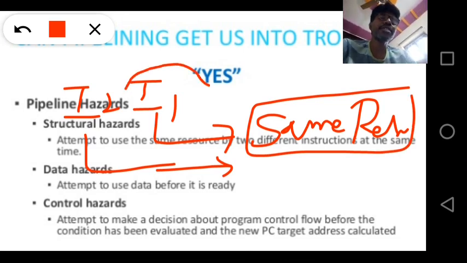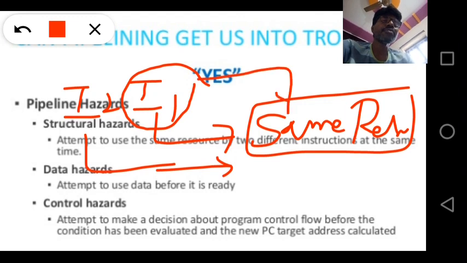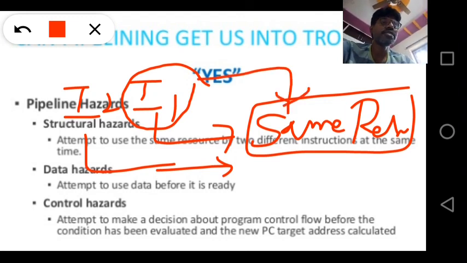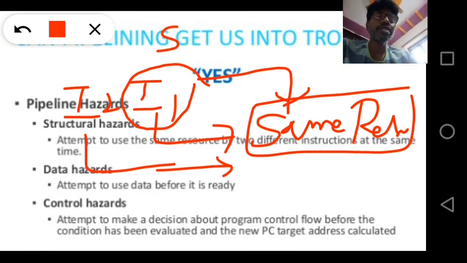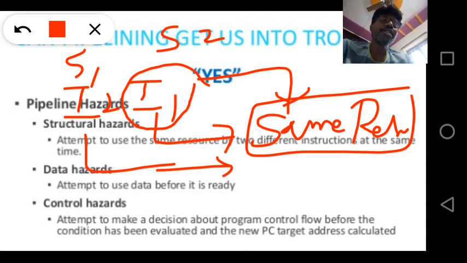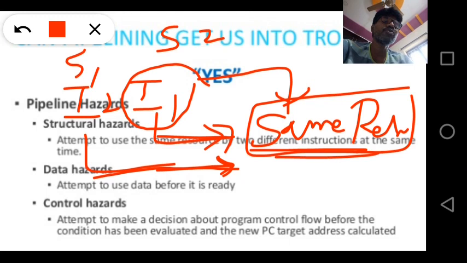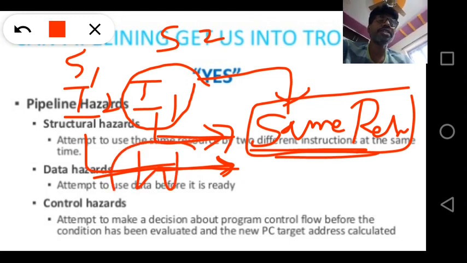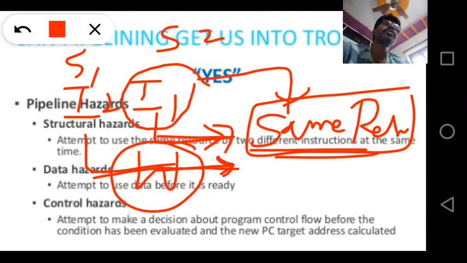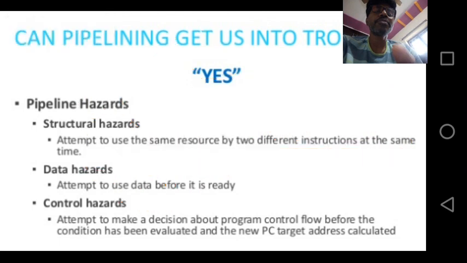Because until I1 completely utilizes the resource at stage 1, I2 at stage 2 and I1 at stage 1 both want the same resource. What happens? One has to be in wait state. Then it affects the performance. Are you getting what I'm trying to say?